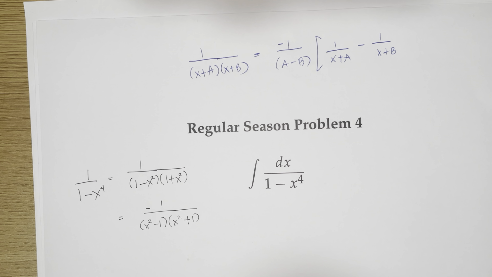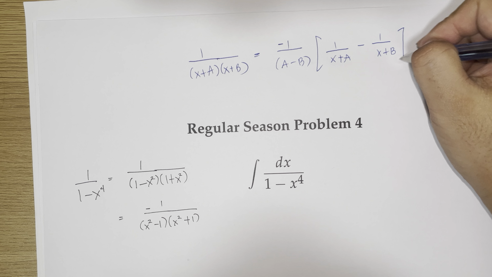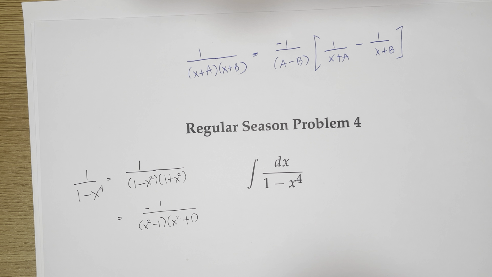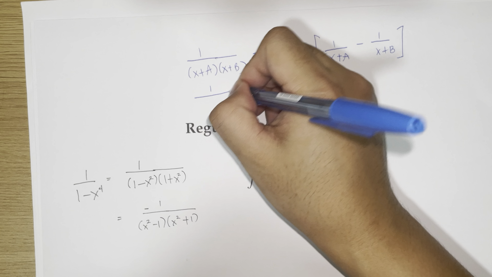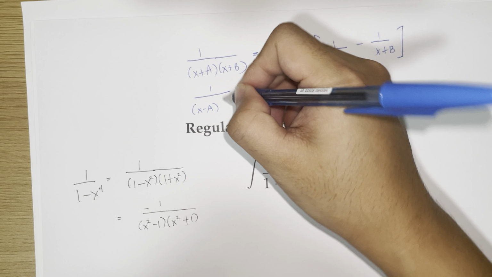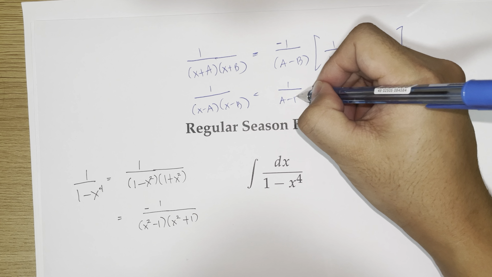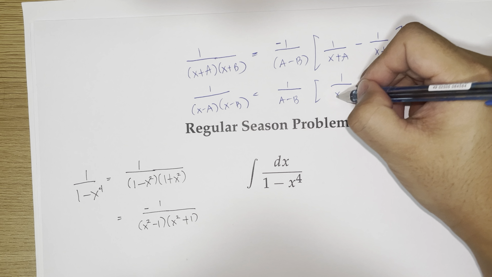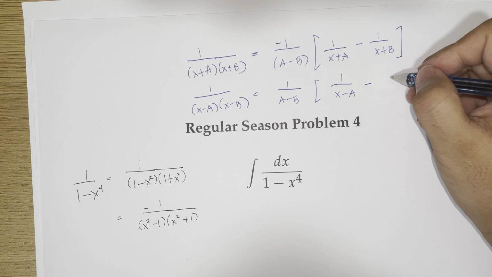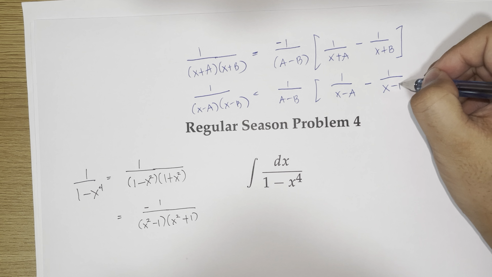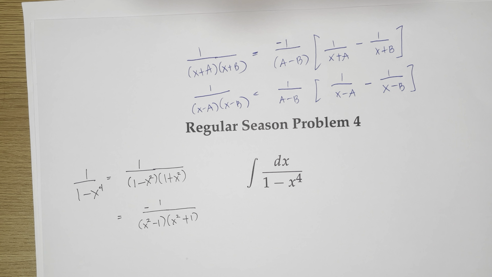Or in the form I'm more comfortable with: 1 over a minus b times 1 over x minus a minus 1 over x minus b.